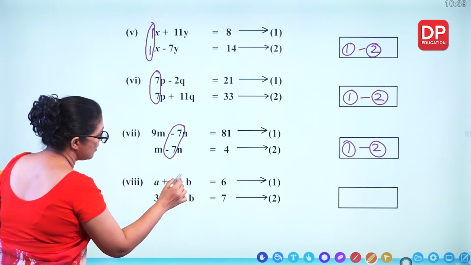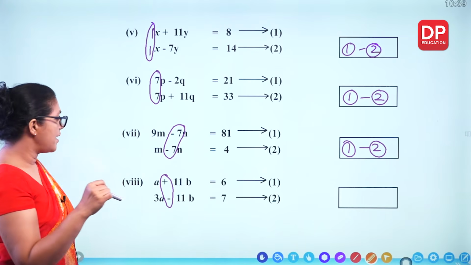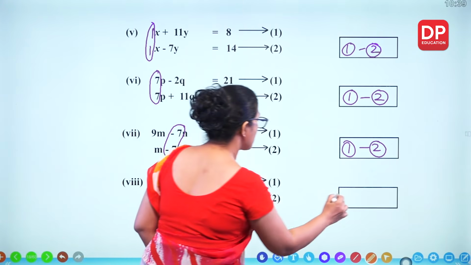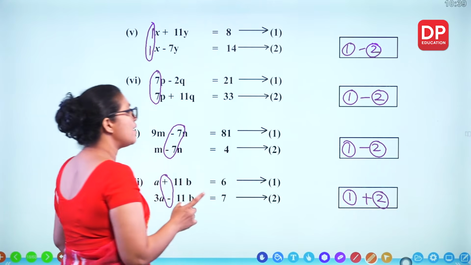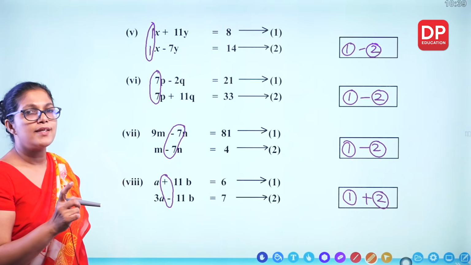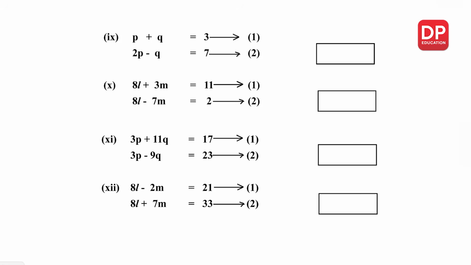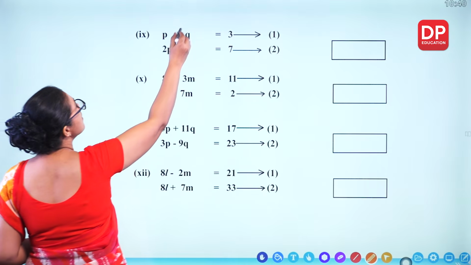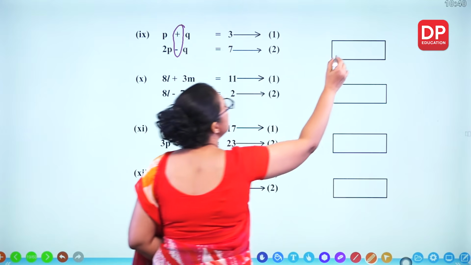This one, plus and minus. Different signs, you add the two equations. So remember, same sign you subtract, different signs you add the two equations. Again this one, which coefficient? Plus and minus, different signs. Add it.